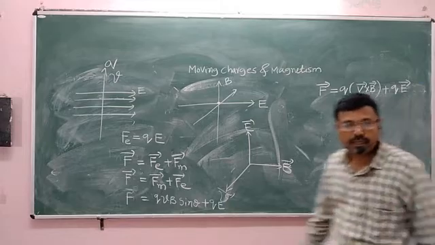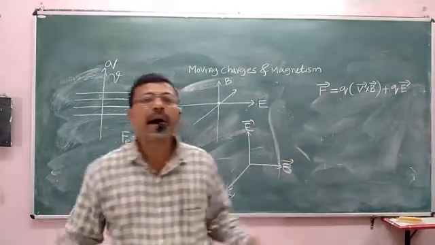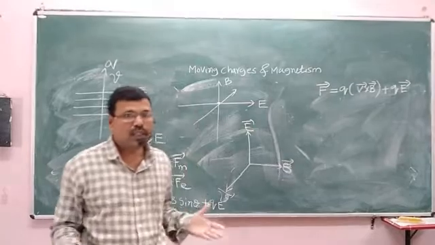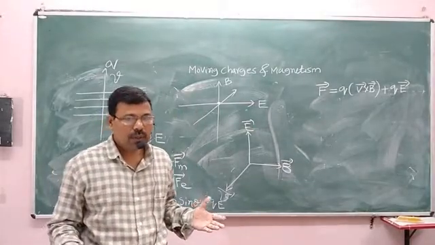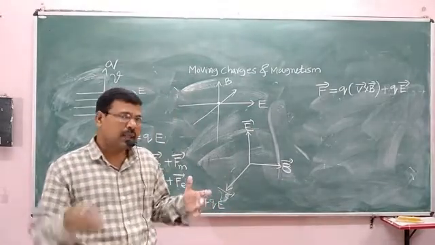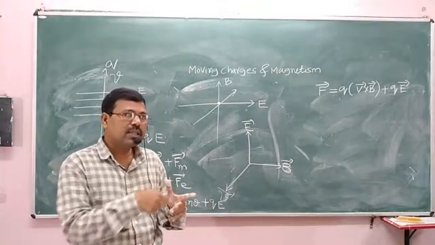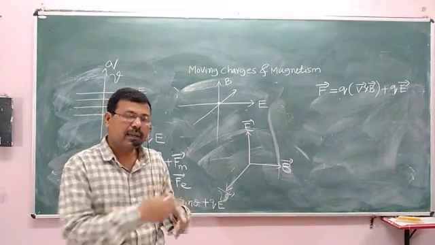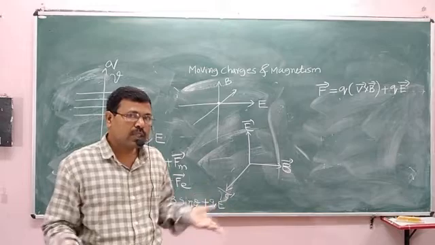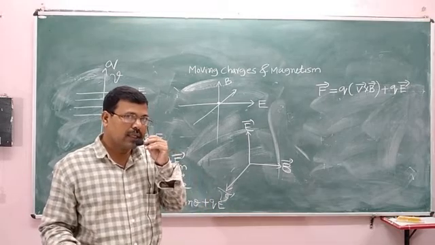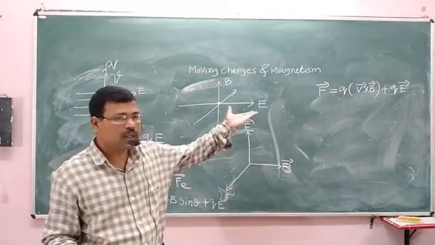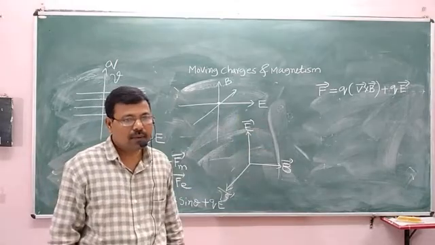This is known as the combined form of Lorentz force. When a charged particle is made to move in a crossed electric and magnetic field, the charged particle would experience both electric and magnetic force, which is given by this equation.